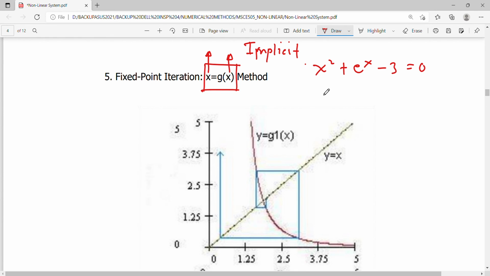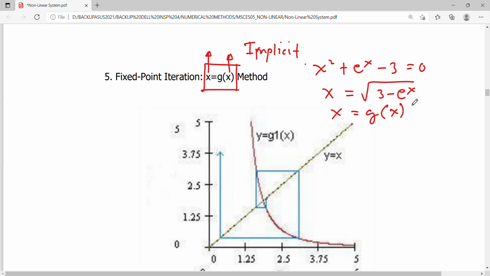So, you just get x is equal to the square root of 3 minus e to the x. Okay, so this is an x equals g of x. Something like that. Yung unknown mo dito, yun din yung known mo doon. So, kung ano yung makuha mo doon, lilipat mo doon.